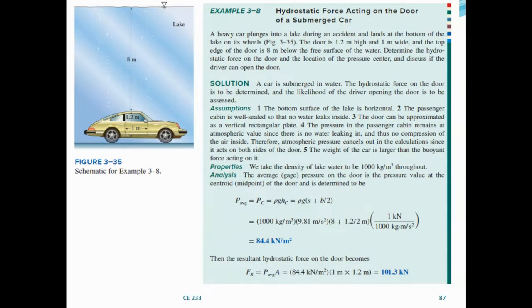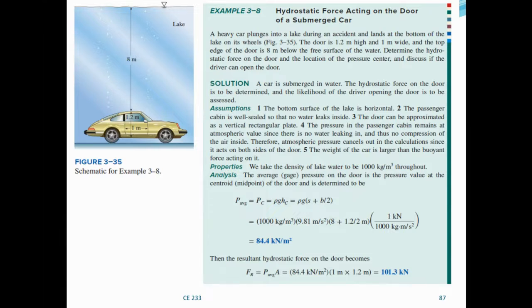The door is 1.2 meters high, that's the height, and 1 meter wide, okay? And the top edge of the door is 8 meters below the free surface of the water. Determine the hydrostatic force on the door and the location of the pressure center. Okay?